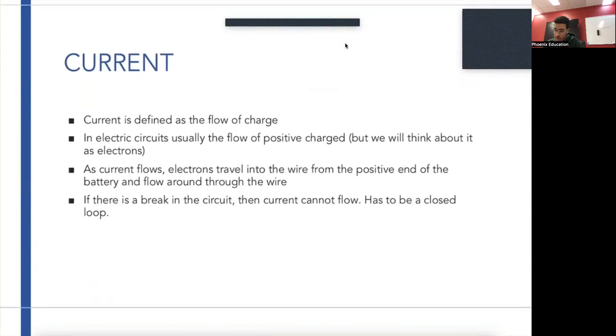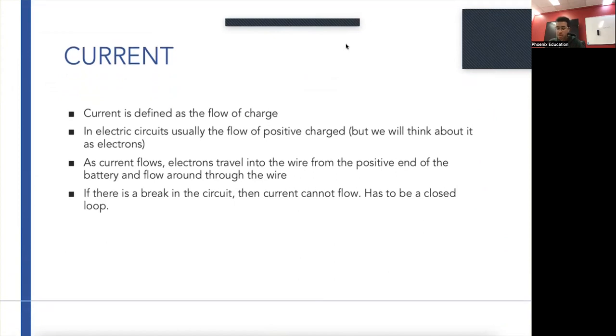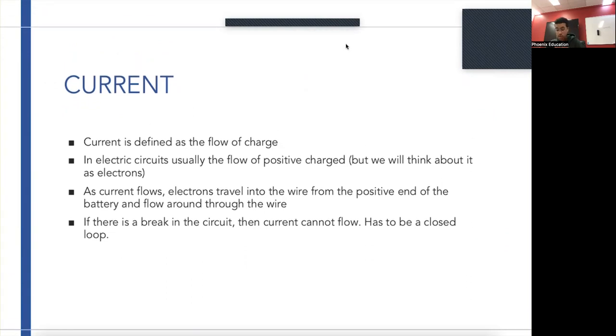So current, as we described earlier, is just defined as the flow of charge: how many charges are passing through a certain point in the conductor material in a certain amount of time. That's what current is describing.